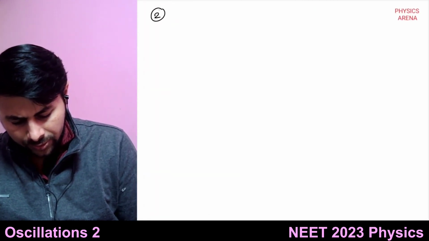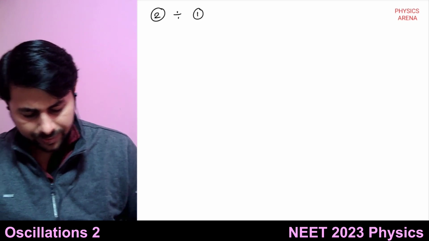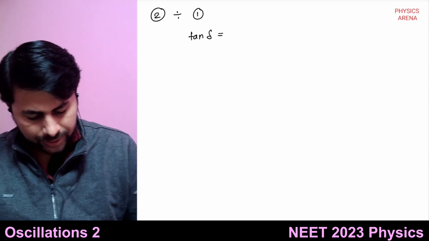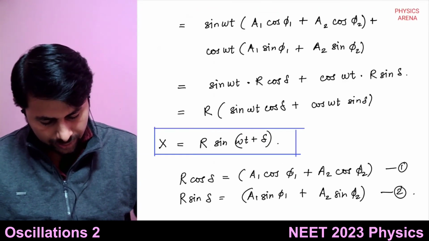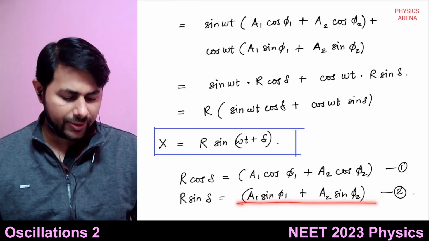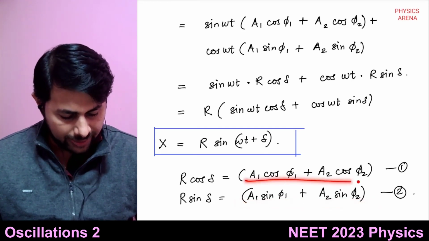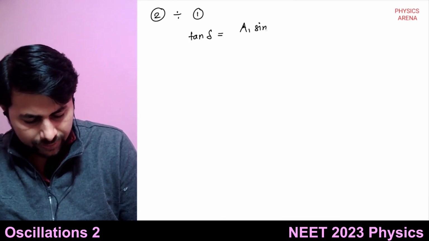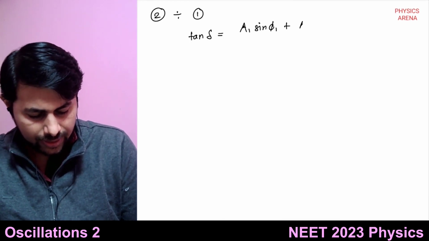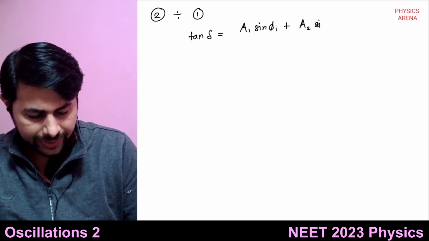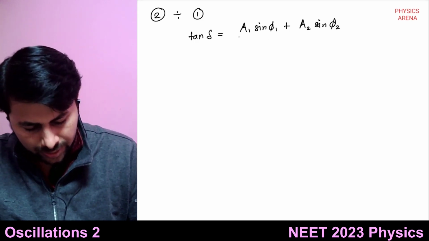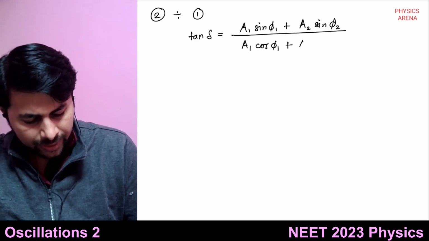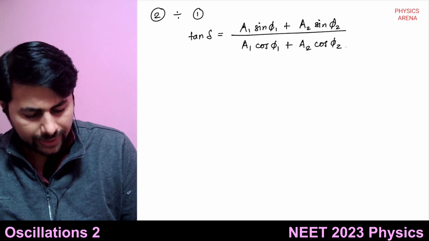So equation 2 divided by equation 1 gives tan delta equals A1 sin phi 1 plus A2 sin phi 2 divided by A1 cos phi 1 plus A2 cos phi 2.